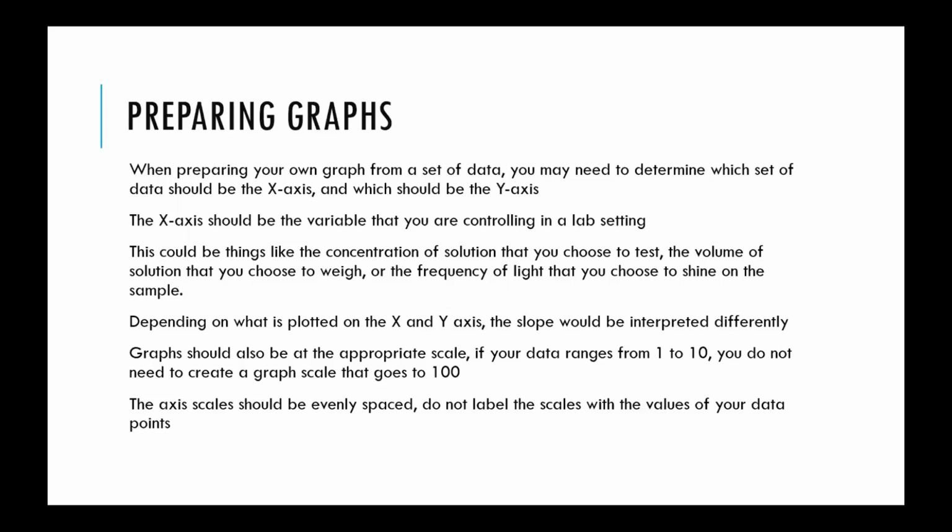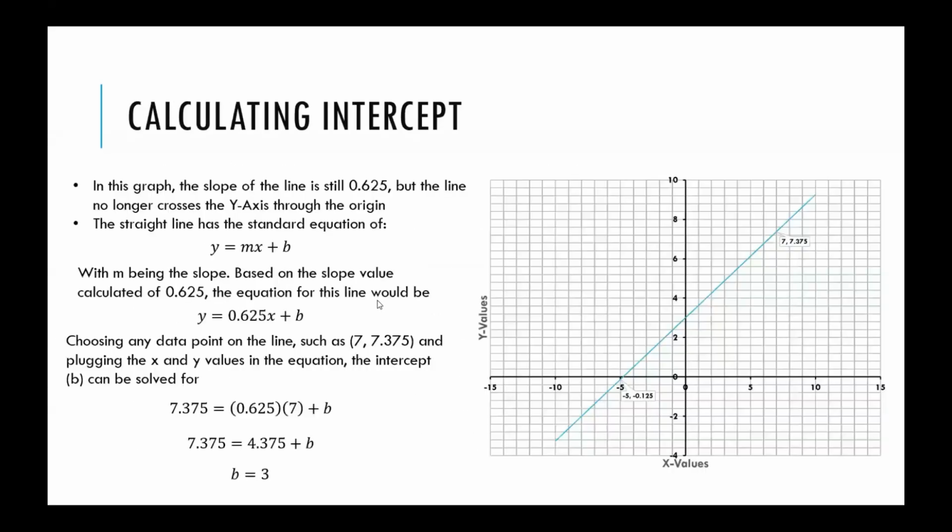The other thing would be to make sure the scales or the values on the numbers are evenly placed. So the graph itself, the axes numbers should be evenly spaced. So on this graph here, I go from 0, 5, and 10, and each of the markings in between then would be one unit.